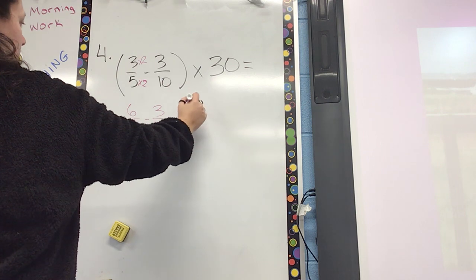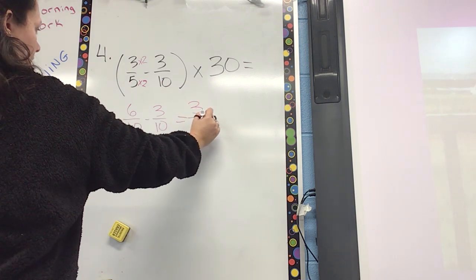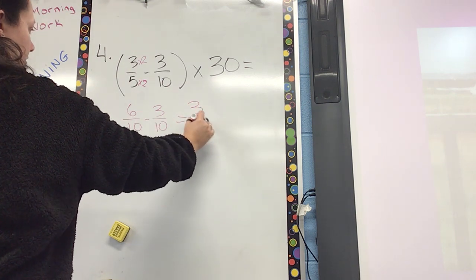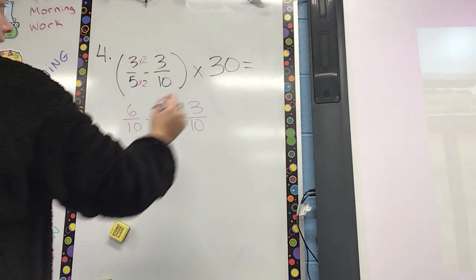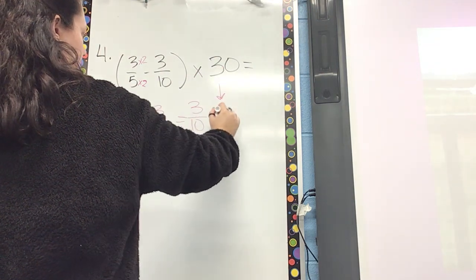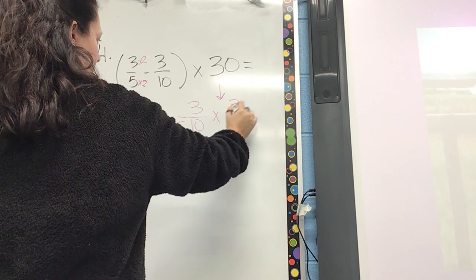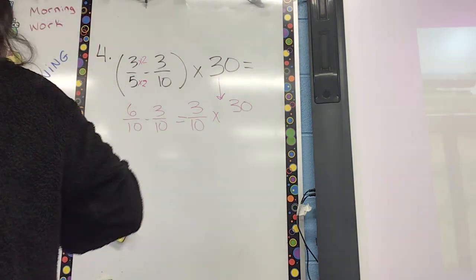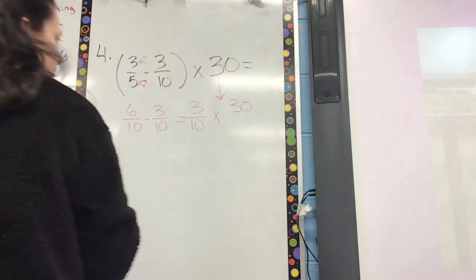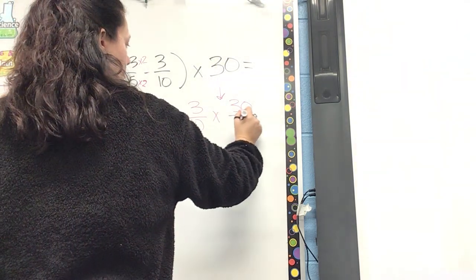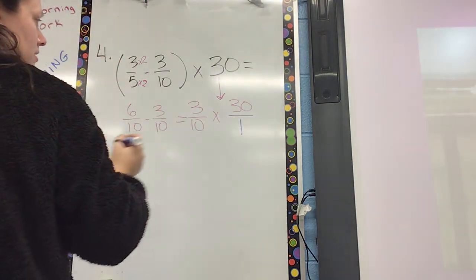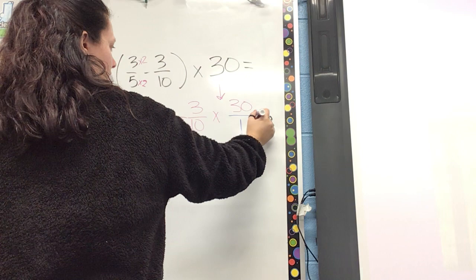6 minus 3 is? 3. And then my denominator of 10. I need to bring down the rest of my problem. Times 30. I turn that 30 into a fraction by putting it over 1. Now, can I multiply across? Yes. 30 times 3.